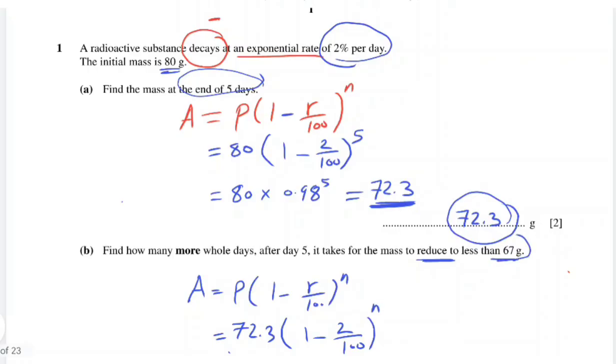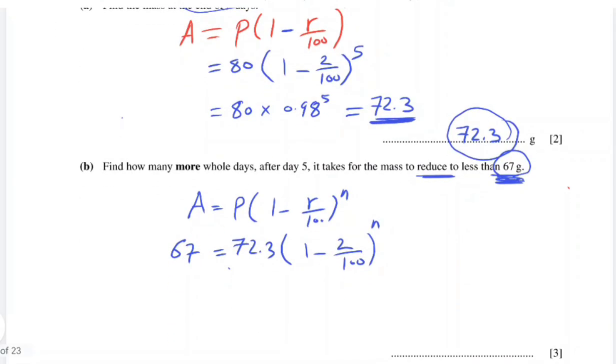They said to be less than 67, so this is our future value, the final value, 67 grams. Let's see how many days it takes to be exactly 67 grams, and then to be less than this, we need how many complete days.